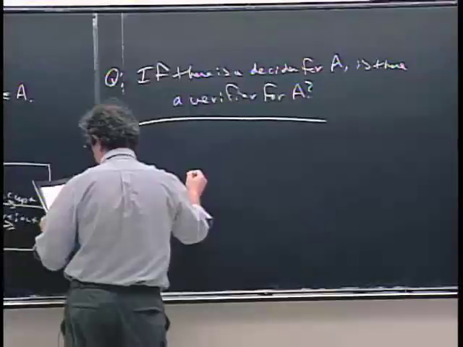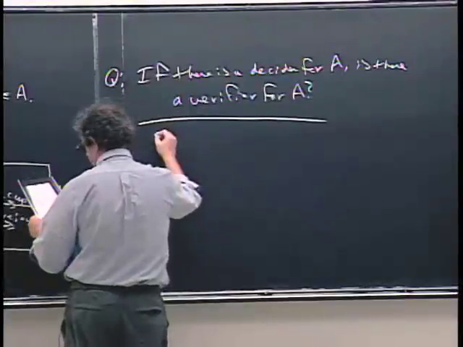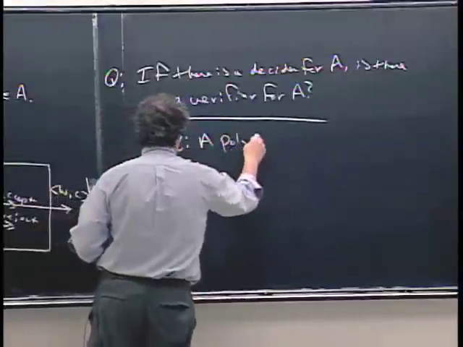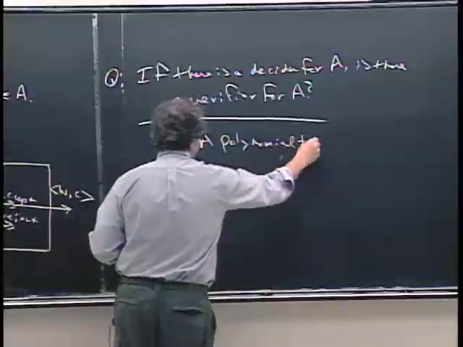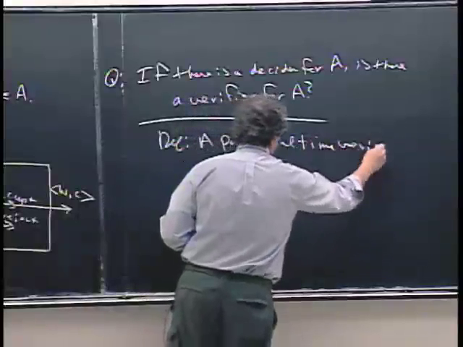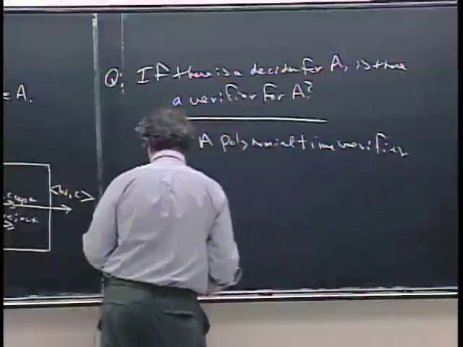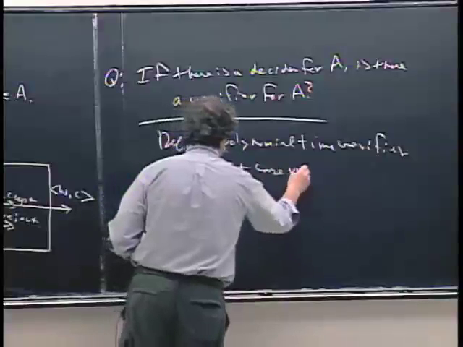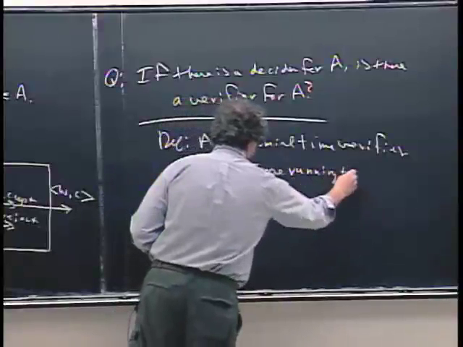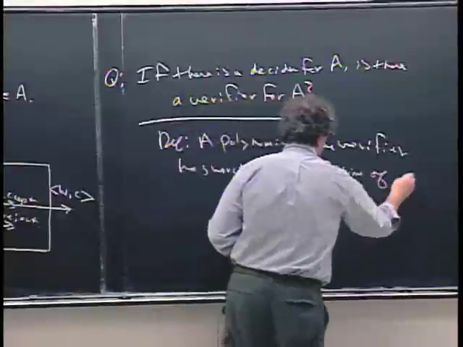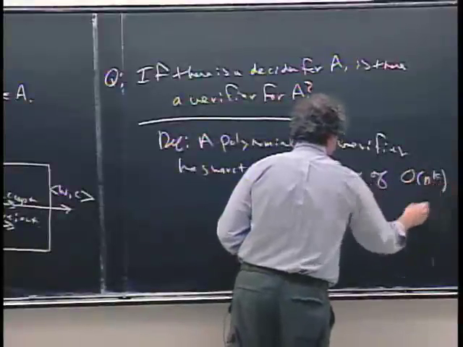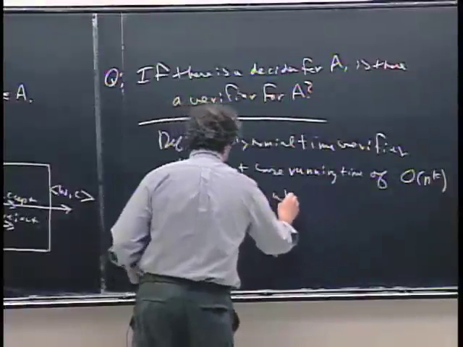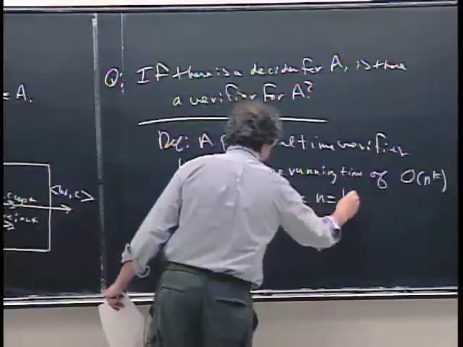Okay. The definition of a polynomial time verifier: it has worst case running time of order n to the k for some k, where n is the size of the input.